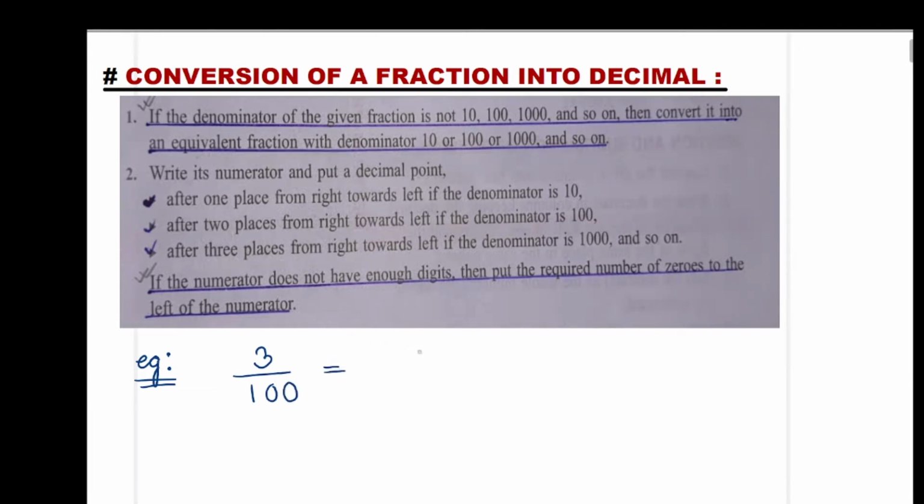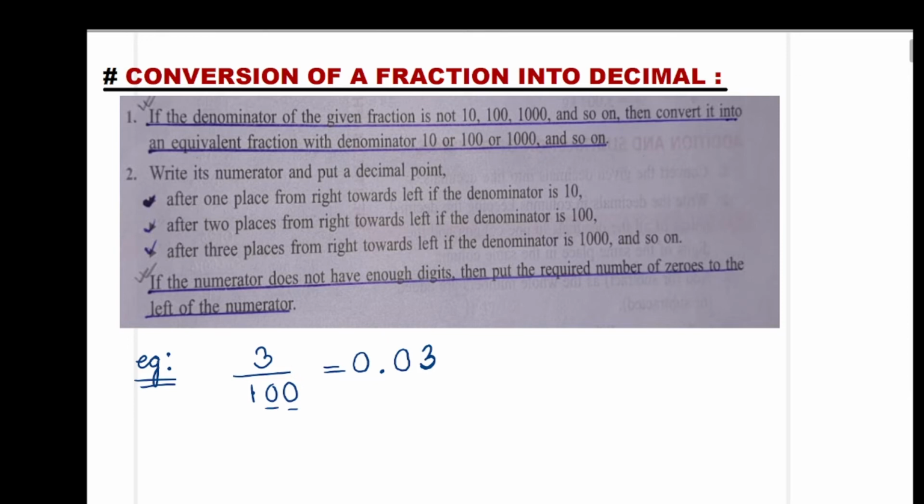Just simply write the numerator here. Then how many zeros are there? 2 zeros. So that means the point will be before 2 digits from the right hand side. But here how many digits? Only 1. Now to make it 2, before the digit you just put 0. Now it is 2. Then before that we have to put the decimal point. But the standard form is, before the point if there is no digit, then you have to put simply 0.